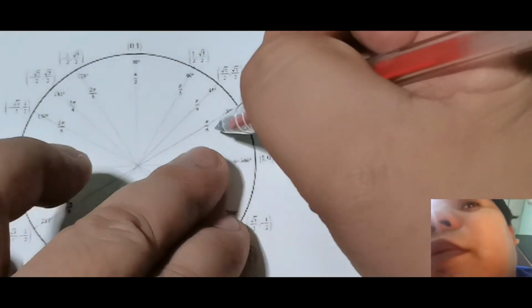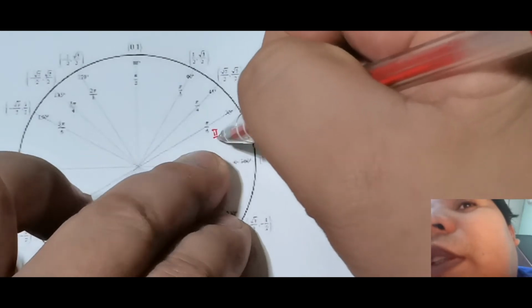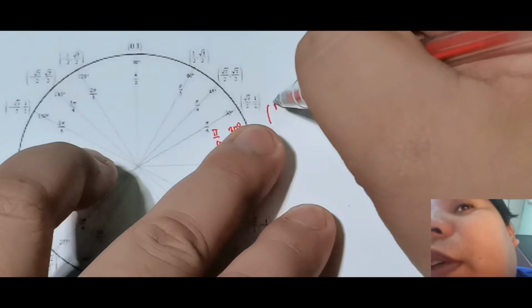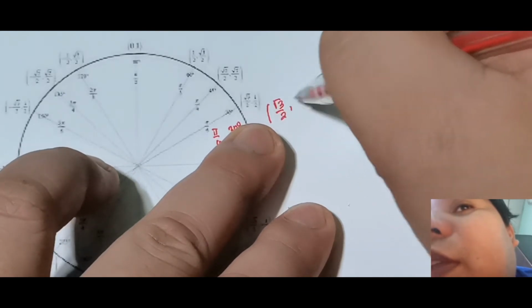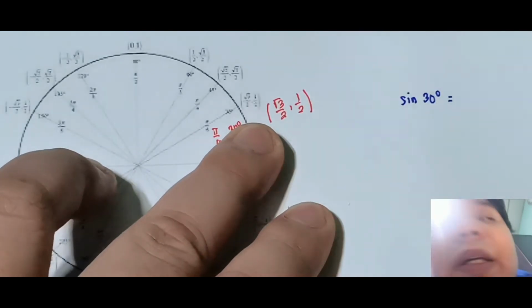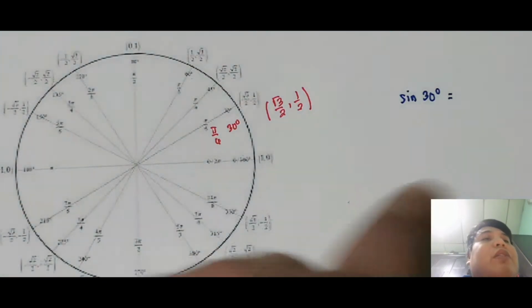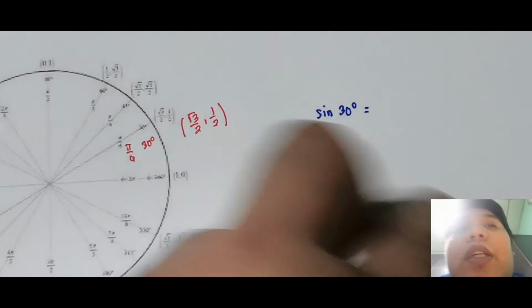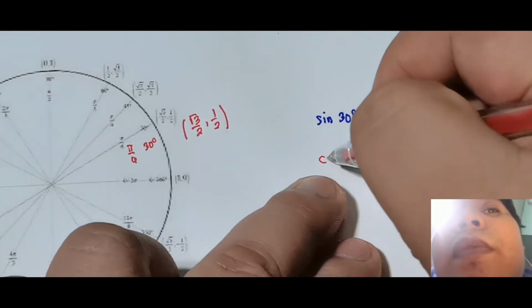This is pi over 6, this is 30 degrees. Yung coordinates niya is square root of 3 over 2 tapos 1/2, kasi positive quadrant 1. Ngayon, tinanong, what is sin 30 degrees? Titignan ko lang yung second coordinate. Sin 30 degrees is simply 1/2. So, what is cosine?